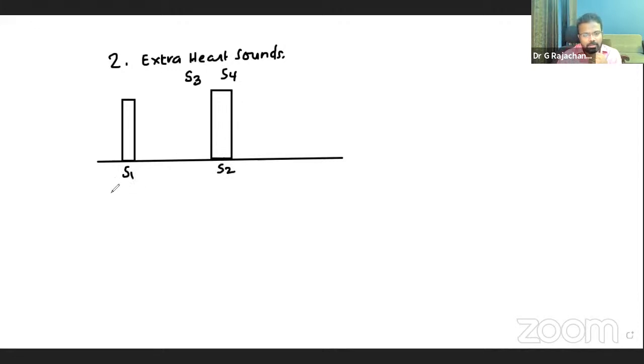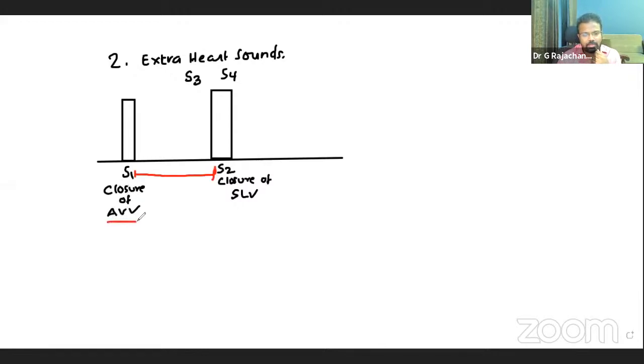S1 is because of closure of atrioventricular valves. S2 is because of closure of semilunar valves. Okay. So now please try to understand this also. It's a small concept. So starting from S1 till S2, what is happening here? There is a closure of atrioventricular valve.